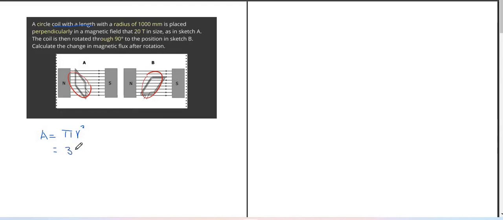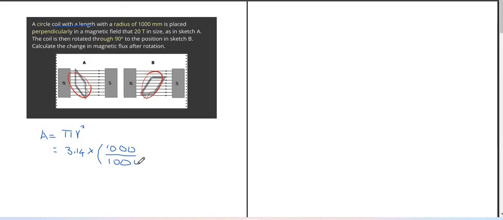This is going to be 3,14 multiplied by our radius. Remember, it's important that you must convert. If you want to convert millimeters to meters, you must divide by 1,000. So that 100 millimeters divided by 1,000, and that's just going to give us 0,1, and remember to put it in a square.